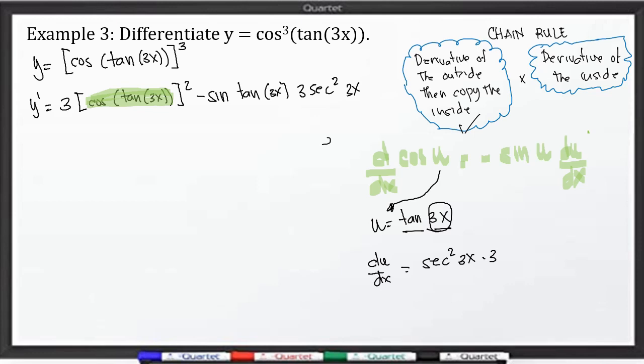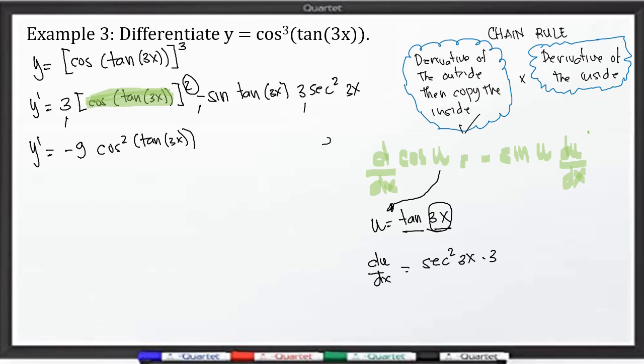So, we have to say y prime is equal to ito 3, ito negative, ito 3 din. That will be negative 9. Ito naman naka-square yung cosine. Pwede natin sabihin cosine squared of tangent 3x. Ganyan.